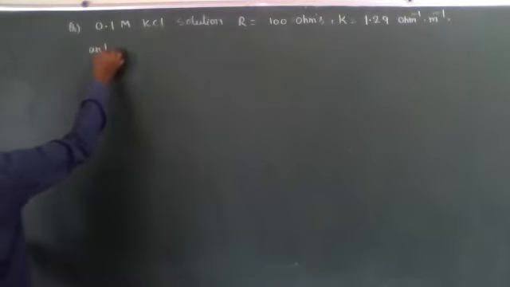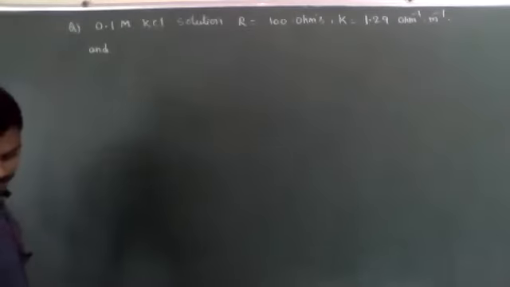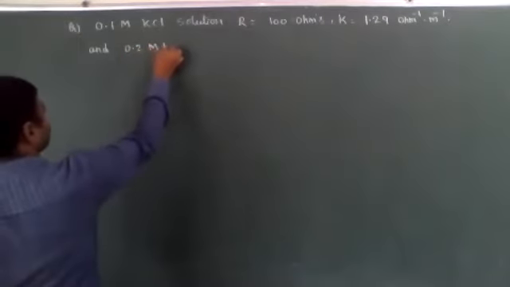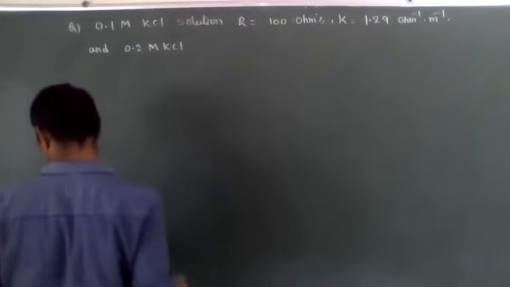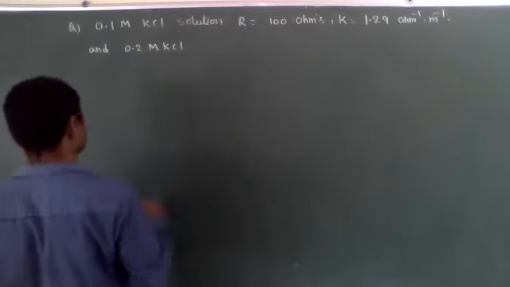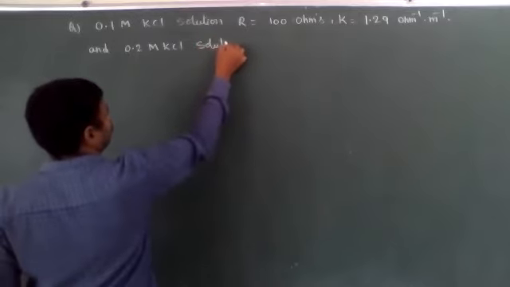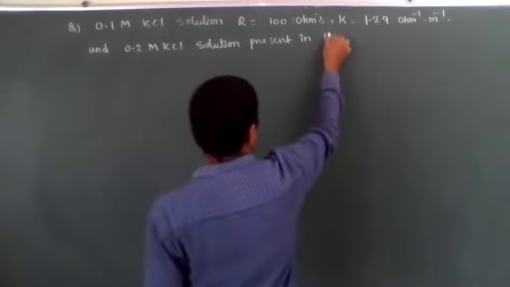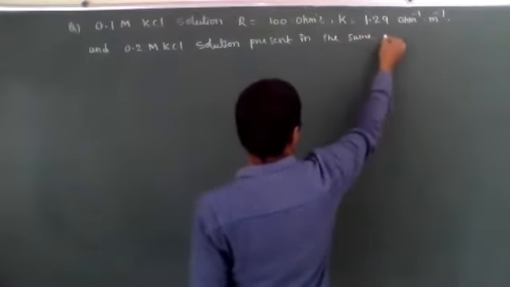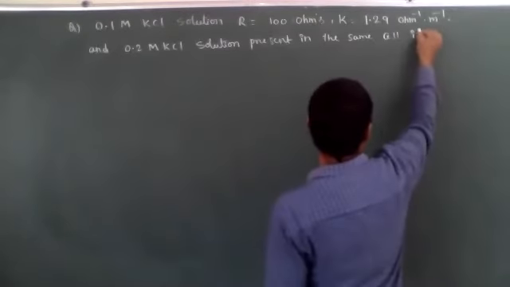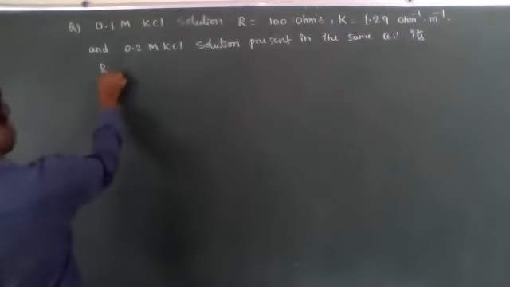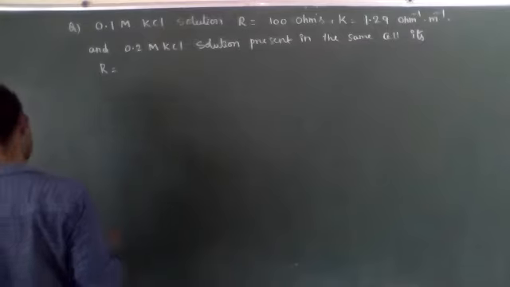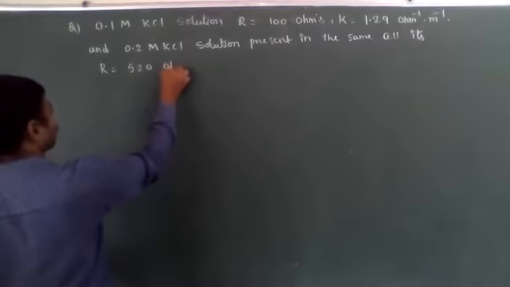And for the same electrolyte, 0.2 molar KCl, potassium chloride solution, present in the same cell, its resistance R is equal to 520 ohms.